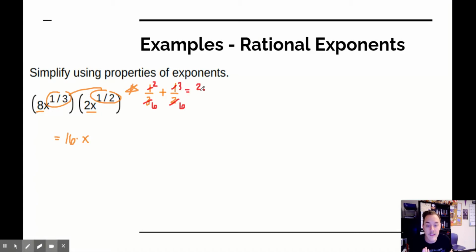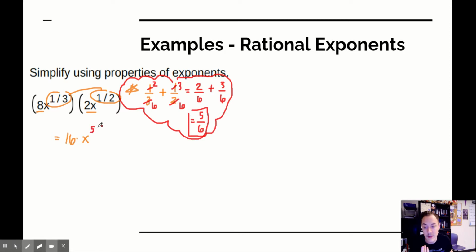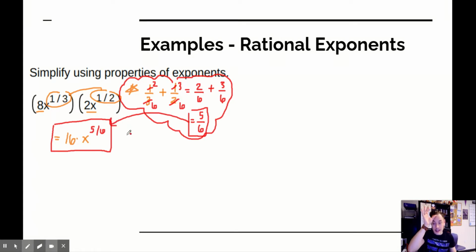So now what I have is 2 all over 6 plus 3 all over 6, which gives me 5 all over 6. Now I'm going to cloud this because this is my side note, which means this right here is my exponent. So I'm going to do 5 all over 6. This is my final answer. That was my exponent. Awesome. How are we feeling with that? I hope we're feeling decent.